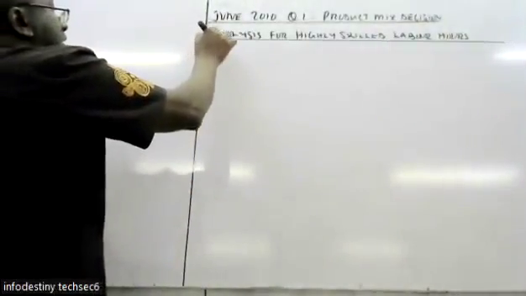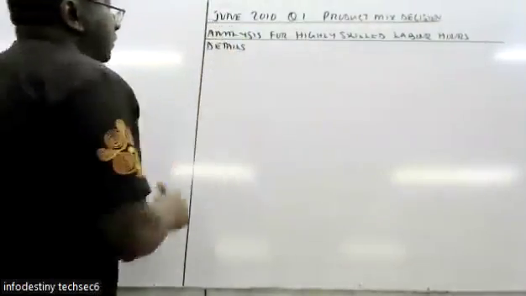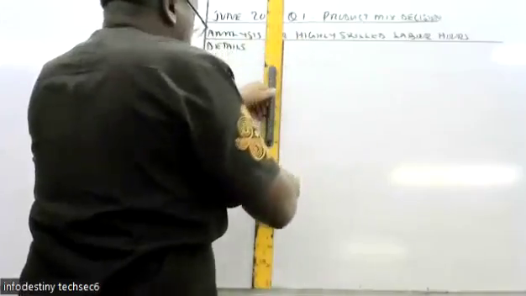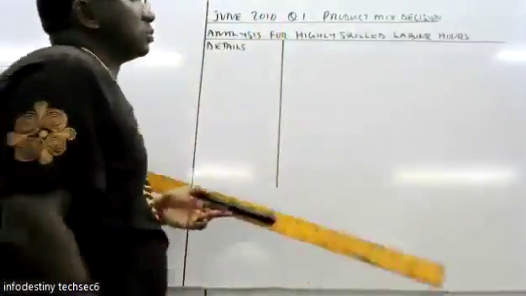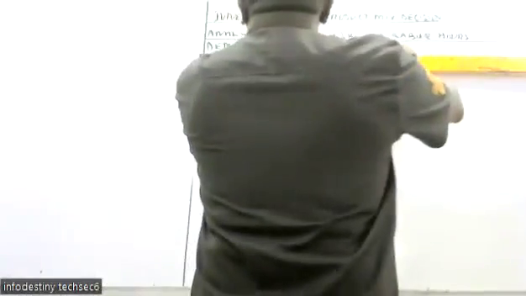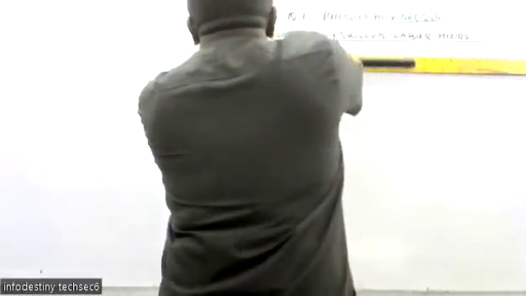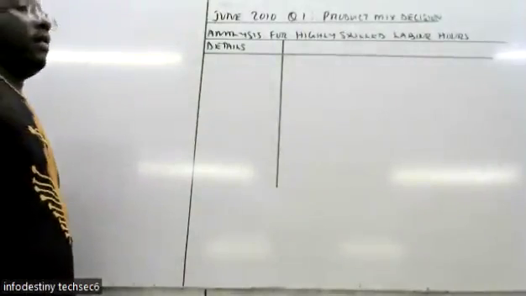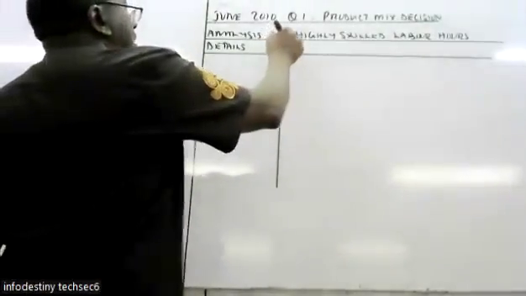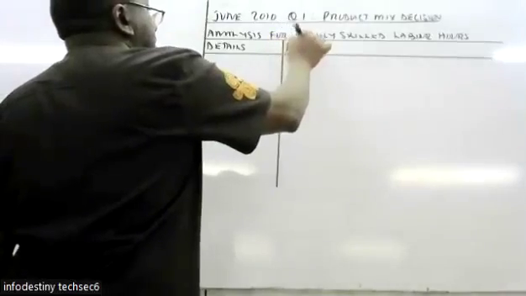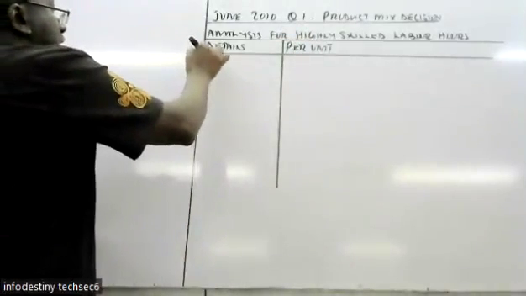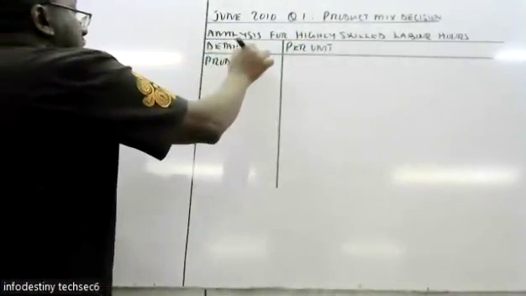So we are going to have details. And the first column here, we will get per unit. Per unit, let's start with product A.